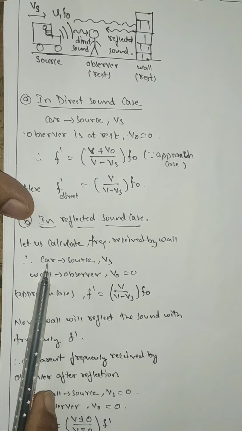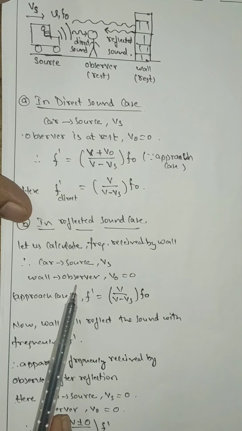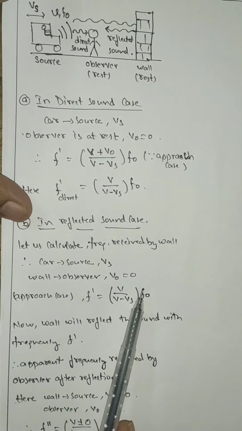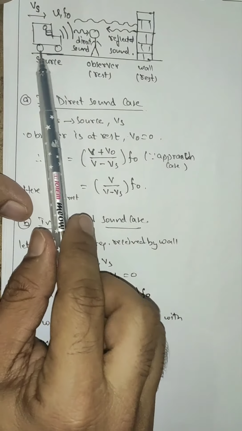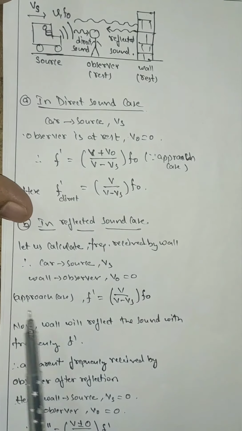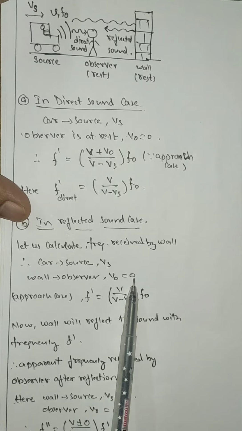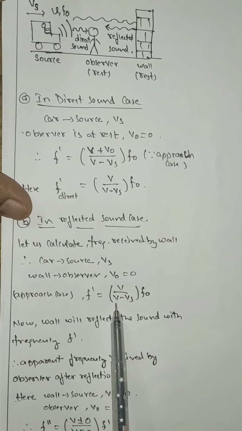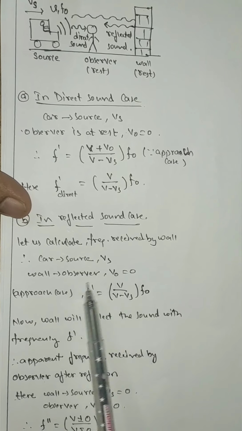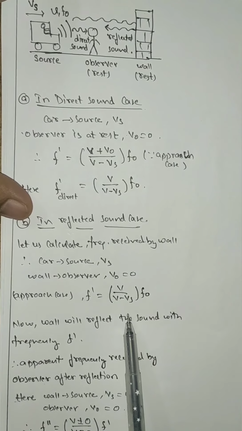Here the car is the source, traveling with the speed of Vs, and the wall is the observer, with V0 equal to 0. So again it is an approach case, so we have to use the upper sign. We get the same formula here, with the value 0 used instead of V0. So f prime is equal to V by V minus Vs into f0. This is the frequency received by the wall.